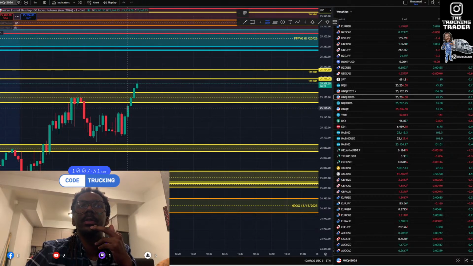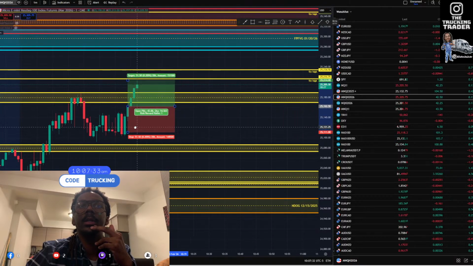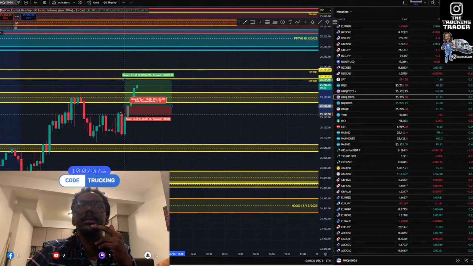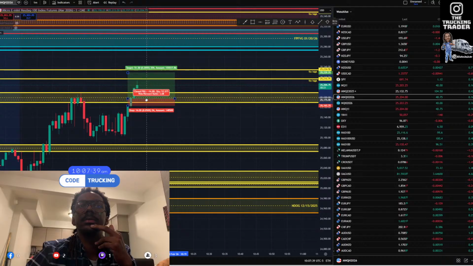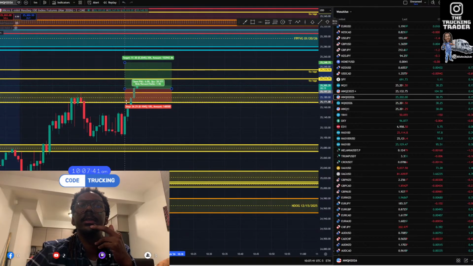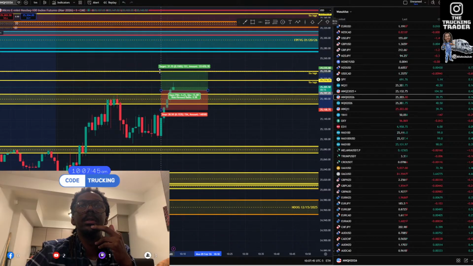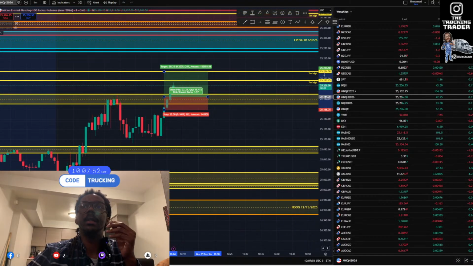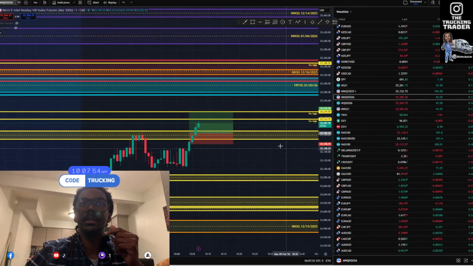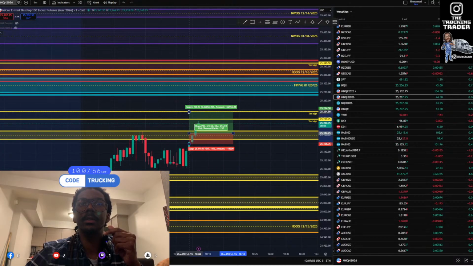So the only thing we can do now is chase it, but we would have to use one of these breakaway gaps. And this risk to reward on this trade is just not good enough for me to take this trade, right? The only way I could take this trade is if I was going to hope that it wanted to continue higher.